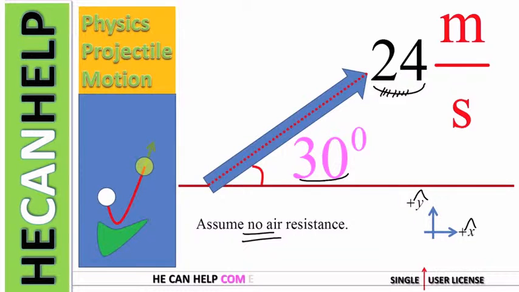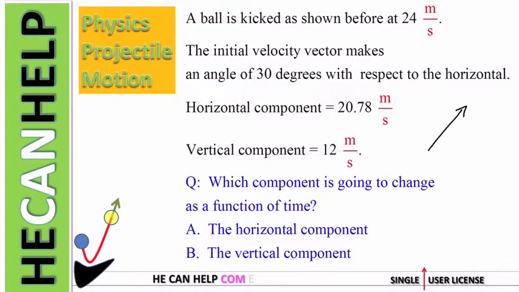24 meters per second. For those of you who know trig, you can go ahead and get the horizontal and vertical components at the start. So a ball is kicked as shown before at 24 meters per second. And what is the angle? 30 degrees. The initial velocity vector makes an angle of 30 degrees with respect to the horizontal.